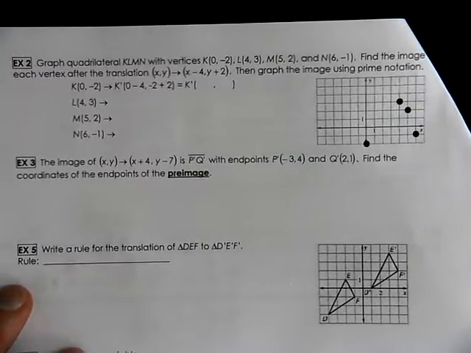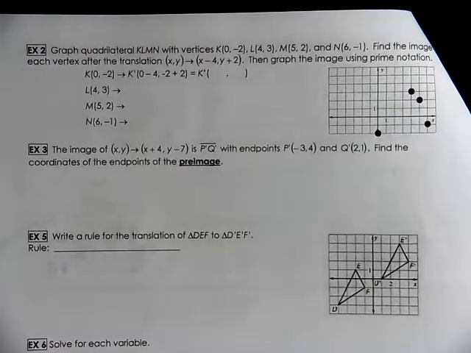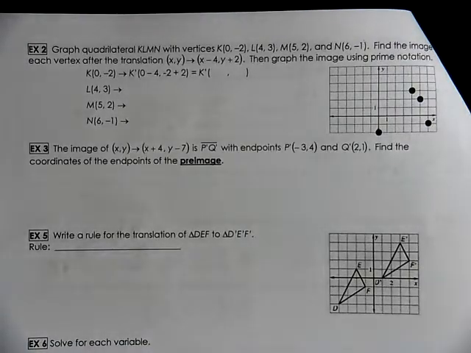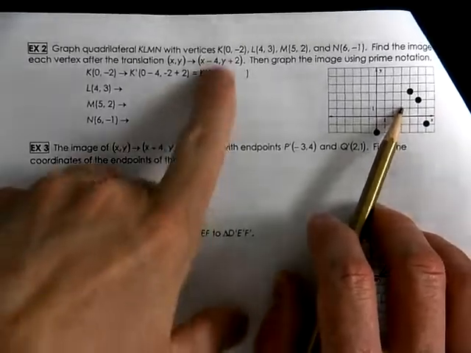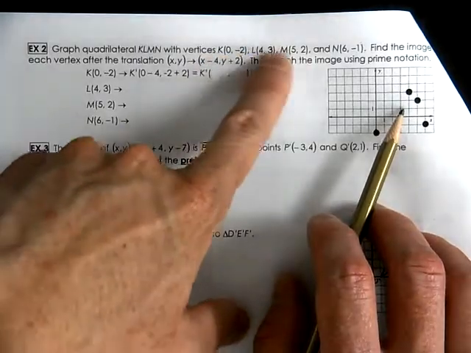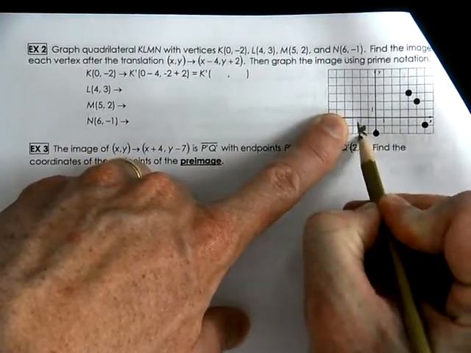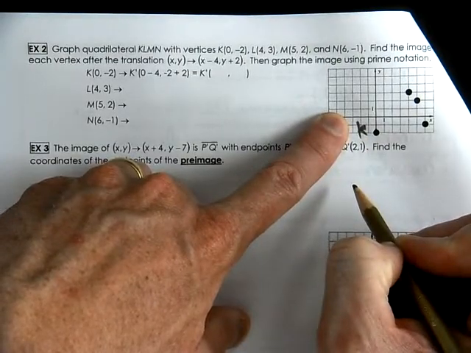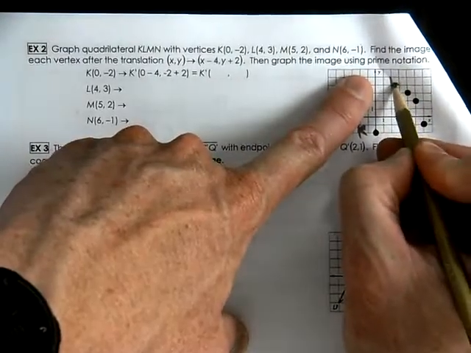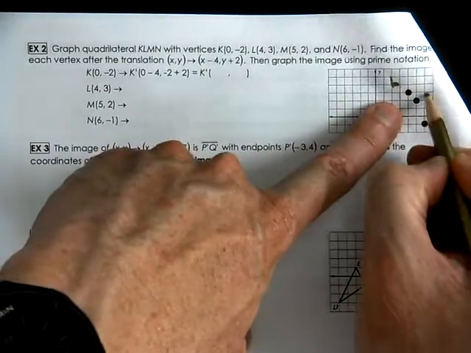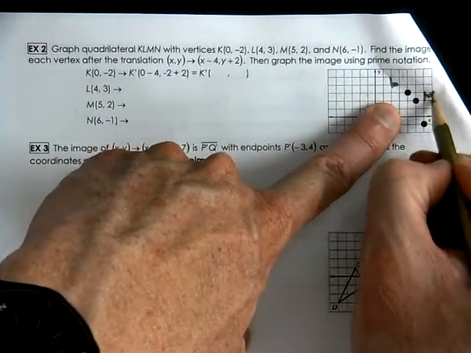So here's a couple problems practicing this. I've already plotted out K, L, M, and N. K is here at (0, -2). L is (4, 3). M is (5, 2).